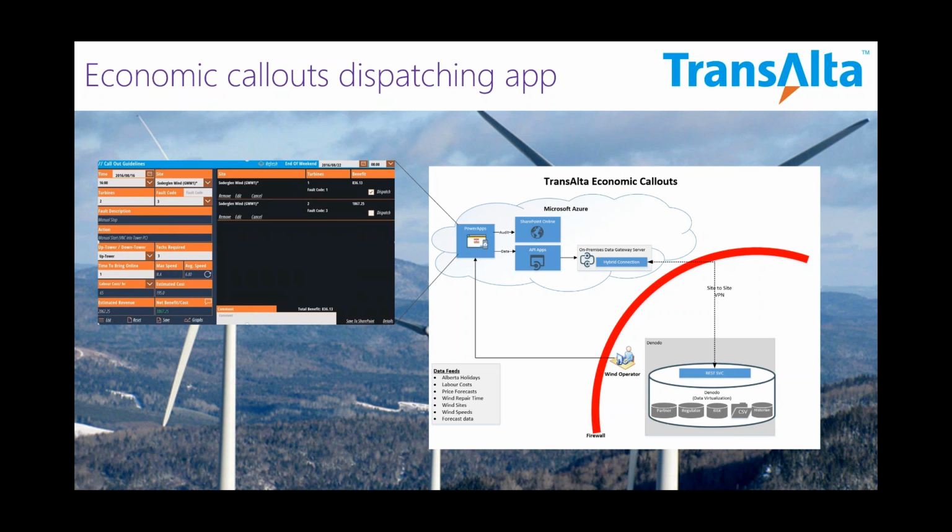So they could start to make more informed decisions by pulling data from multiple sources together and making projections around economics for dispatching people to repair these different wind turbines.